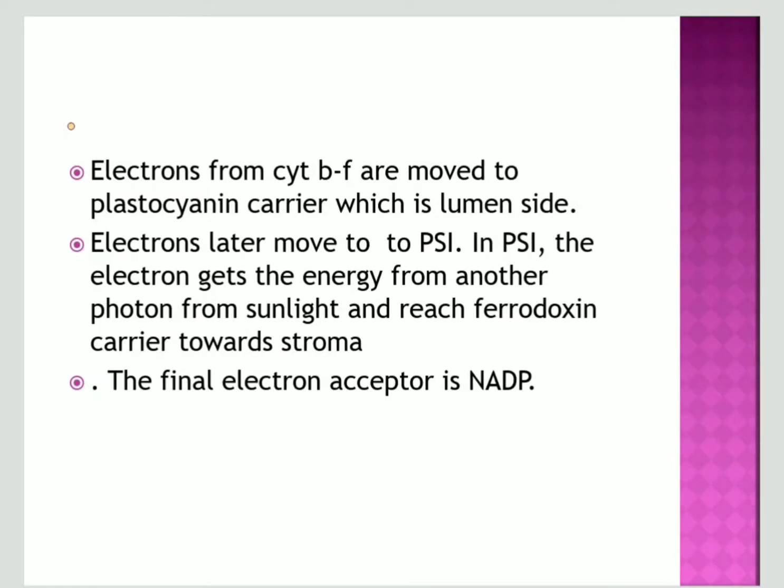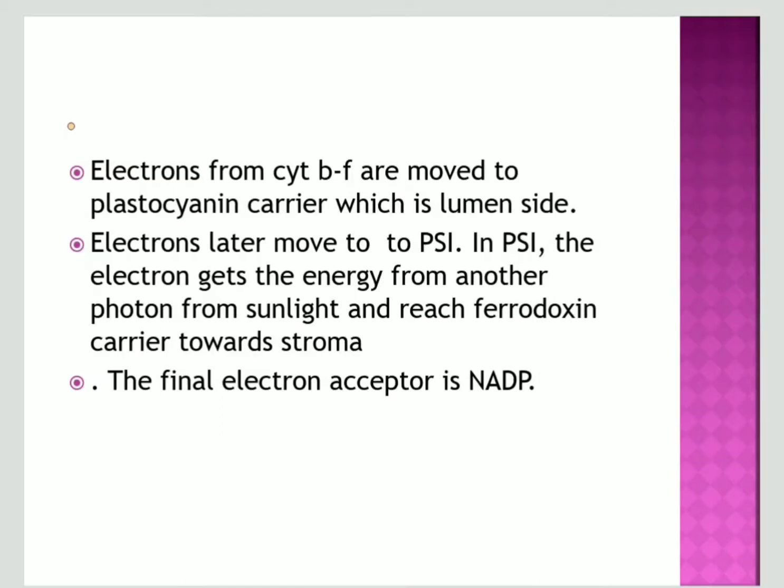Next, electrons will be moved from the cytochrome B6F to the plastocyanin. It is a copper-containing carrier, which is present near the lumen side, and electrons later move to photosystem 1. In photosystem 1, sunlight also strikes and excites the electrons.